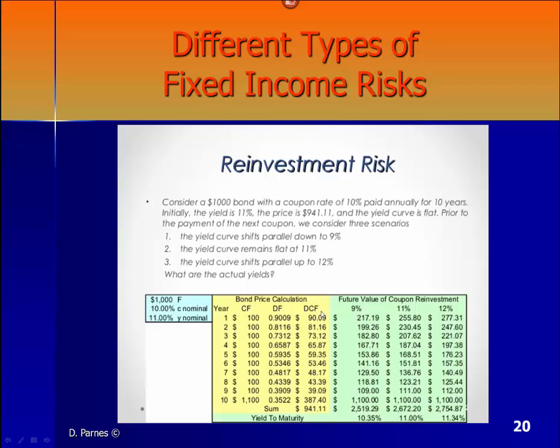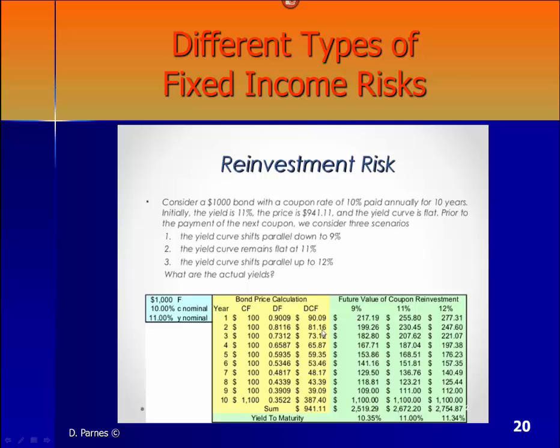And the DCF, the discounted cash flow, you take the $100 and you multiply times the discount factor. So alternatively, you can also do the 100 times 0.9009 or 100 divided by 1.11 to the power of 1. 100 times the discount factor at year number 2, 0.8116, will give you 81.16, or you can do also $100 divided by 1.11 squared.